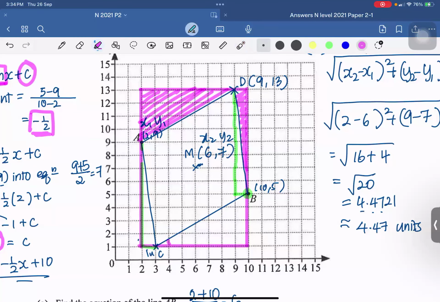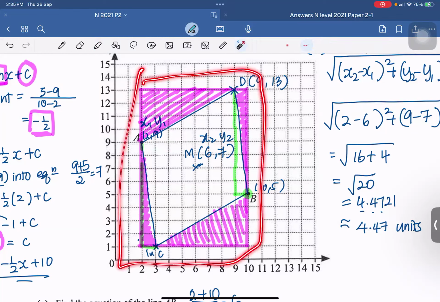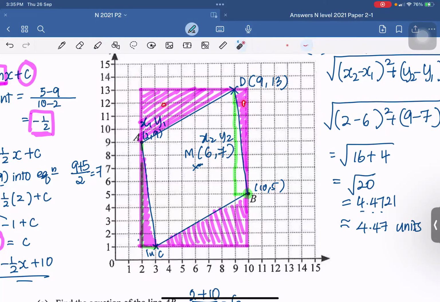And this part is the same triangle. And this part is the same triangle. So what I'm going to do, I'm going to take the whole rectangle minus away 1, 2, 3, 4. I minus away the area of these 4 triangles.